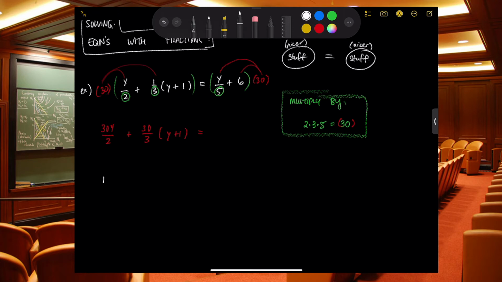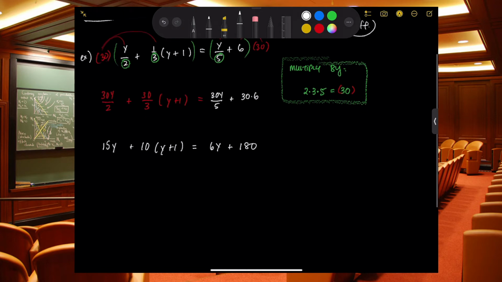So 30 over 2 is 15y. 30 over 3 is 10 times y plus 1. So look, all of our fractions are gone on the left-hand side. That's awesome. And then on the right, I multiply the 30 into the y over 5. So 30y over 5 plus 30 times 6. Well, 30 over 5 is 6. So that's 6y plus 180.